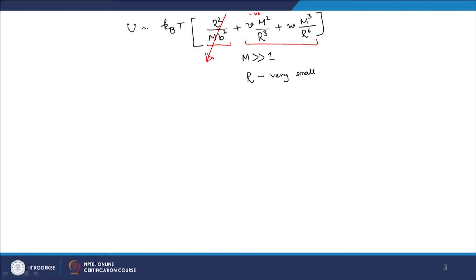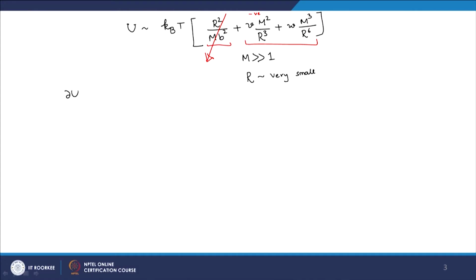We do not yet know about the sign of W, and we have to think about what its sign should be, that we can get by looking at dou u by dou r equal to 0, that is the energy minimization condition that we have used earlier.